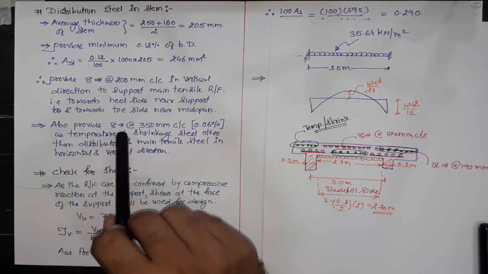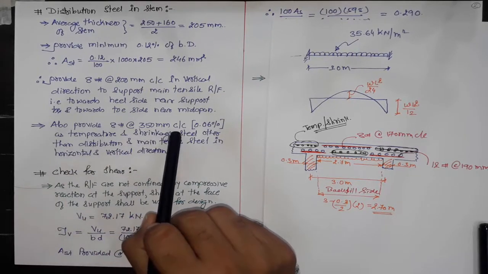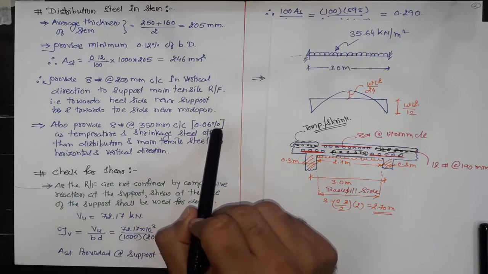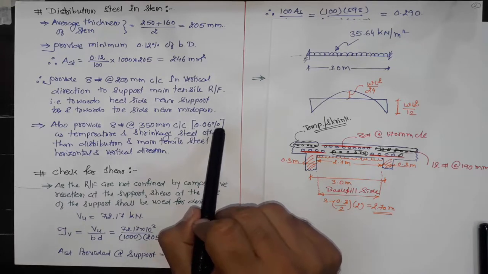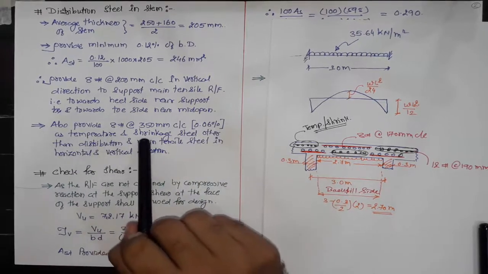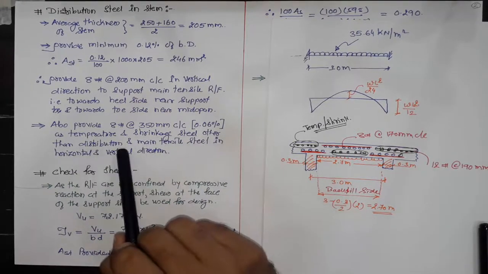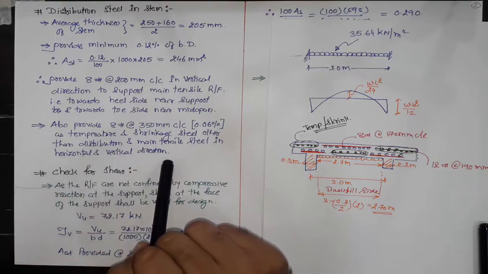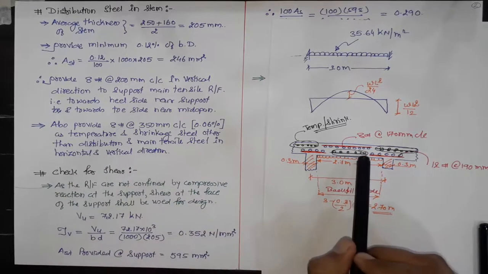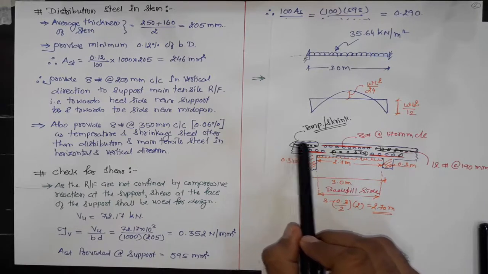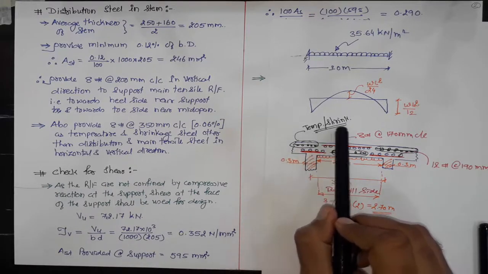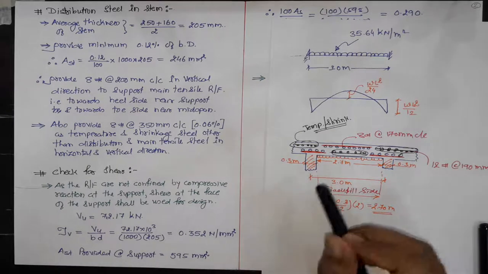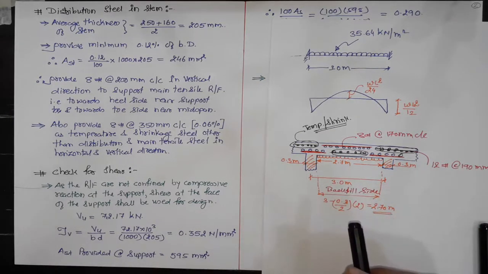Therefore, also provide 8 Tor at 350 mm center to center, 0.06% of overall gross cross-sectional area in both vertical and horizontal direction as temperature and shrinkage steel other than the distribution and main tensile reinforcement. Clear? This black color steel, this line and this dot, are temperature and shrinkage reinforcement. We will see this in our lecture later on.